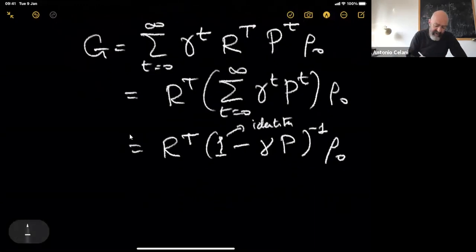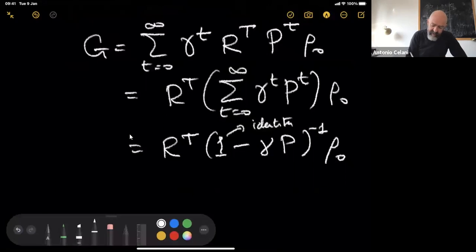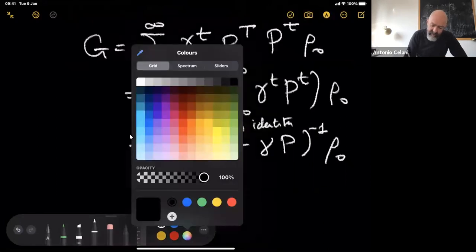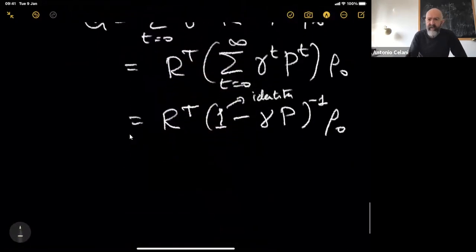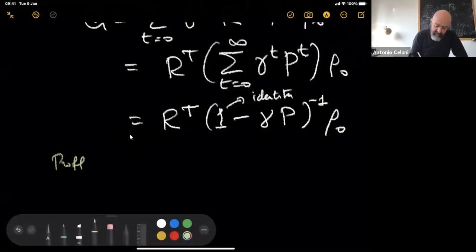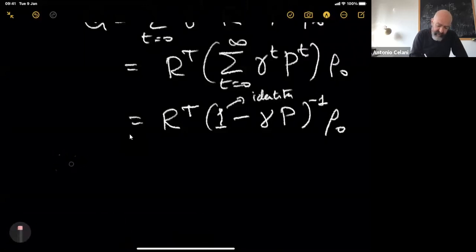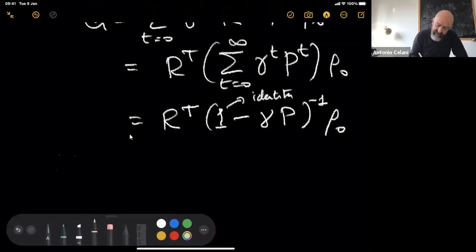Let me open a parenthesis here. We're going to take a quick detour to prove this, because it's very simple, but let's prove it. I'm a little bit embarrassed at writing a proof for such a simple thing, so I will just write it.